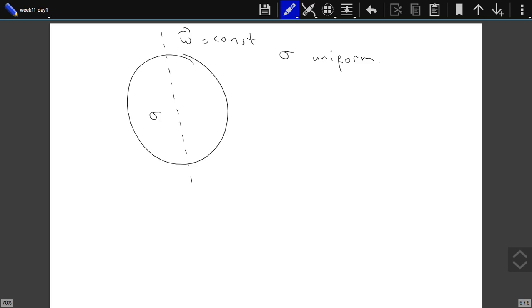Just for simplicity, let's assume it's a constant angular velocity in this direction. This is the direction of omega. So what is the magnetic dipole moment of this system? So what do you propose? How should we proceed?